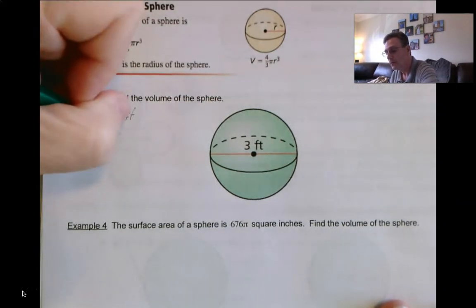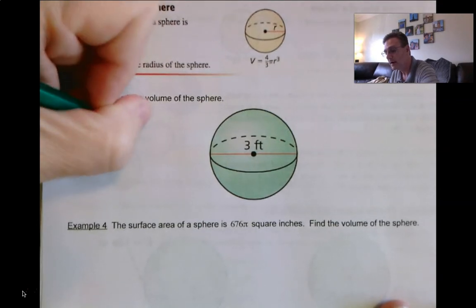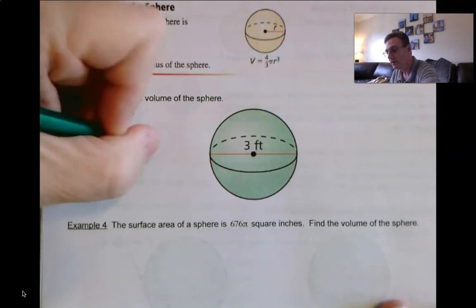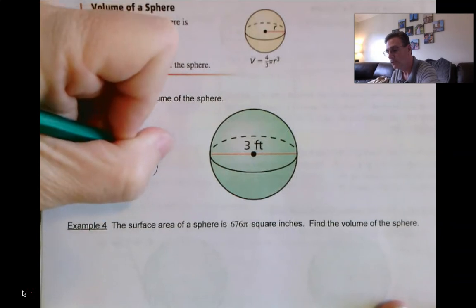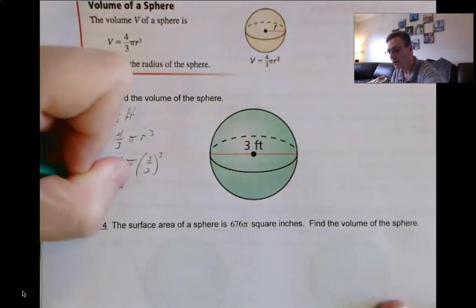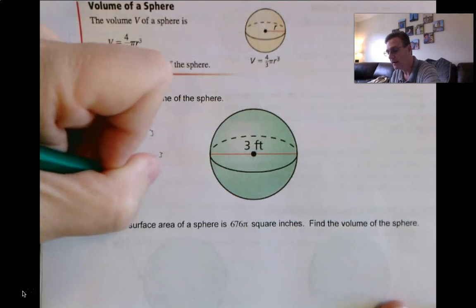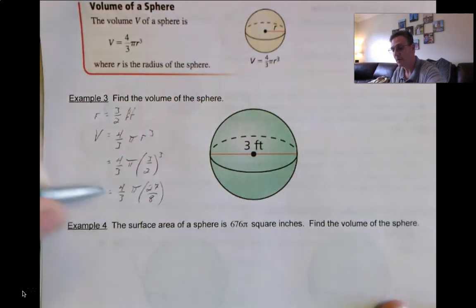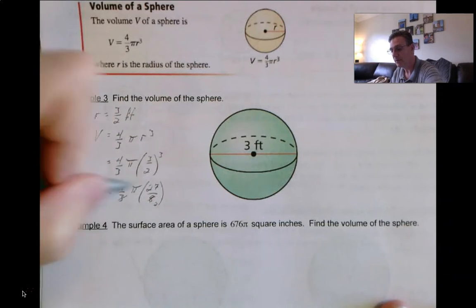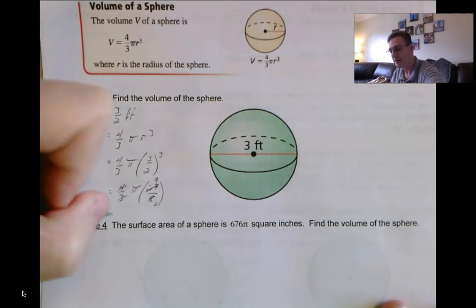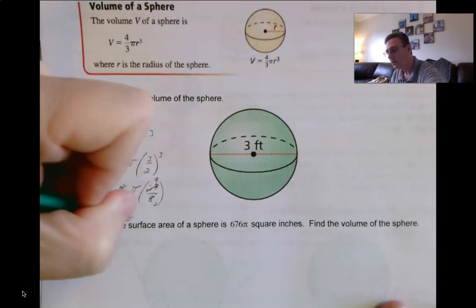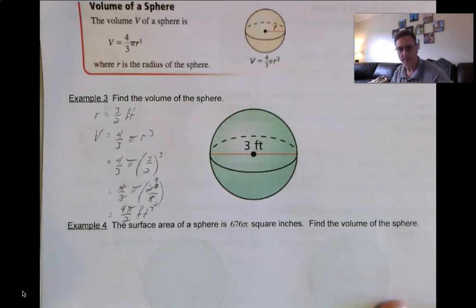Volume equals 4/3 pi r cubed. 4/3 pi 3 over 2 cubed. 4/3 pi 27 over 8. 4 goes into 8 2 times, 3 goes into 27 9 times, and I get 9 pi over 2 cubic feet, or 4.5 pi cubic feet.